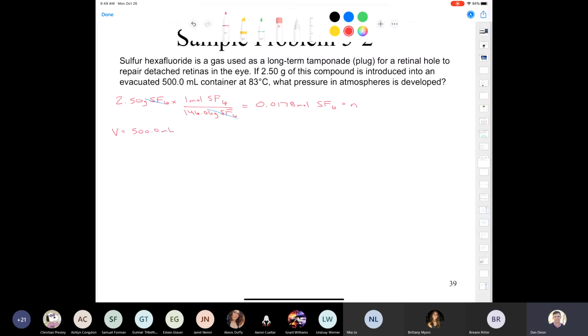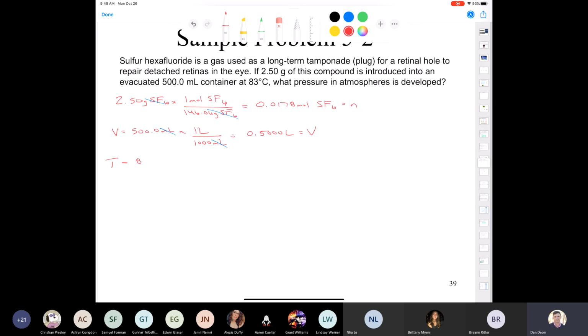Our volume is equal to 500.0 milliliters, but we know that in 1 liter we have 1,000 milliliters, and so we'll do some math here. Make sure our units cancel, and we get that our volume is equal to 0.5000 liters. What else do we have here? We have our temperature.